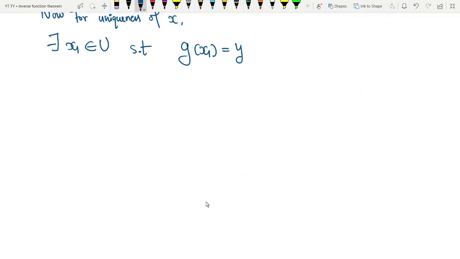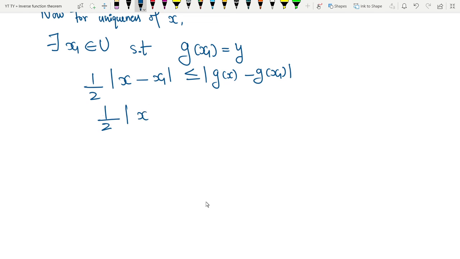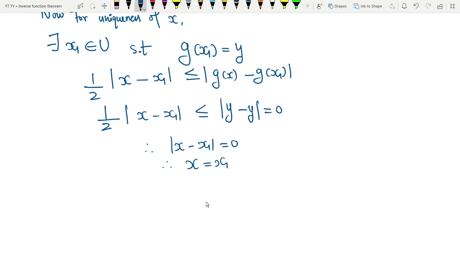So by using that, half of the norm of x minus x1 is less than or equal to the norm of g(x) minus g(x1). So half of the norm of x minus x1 is less than or equal to 0, since g(x) and g(x1) are both y. Therefore the norm of x minus x1 is 0, which implies x must be the same as x1.